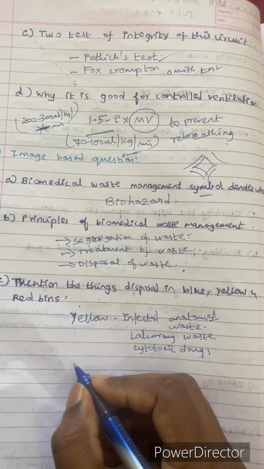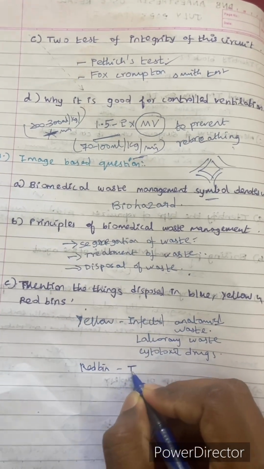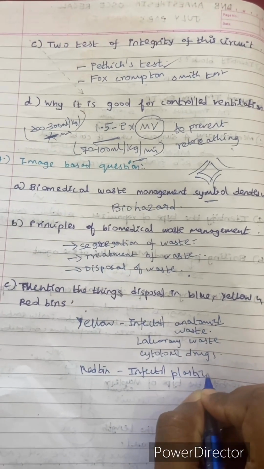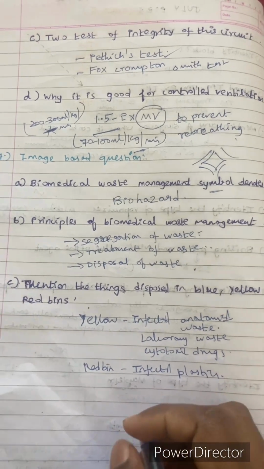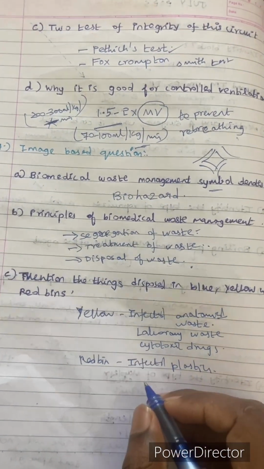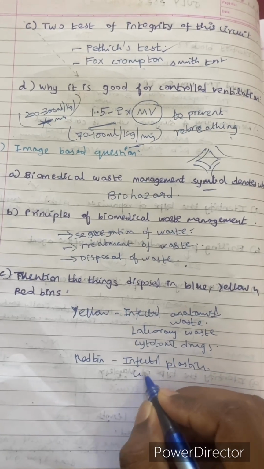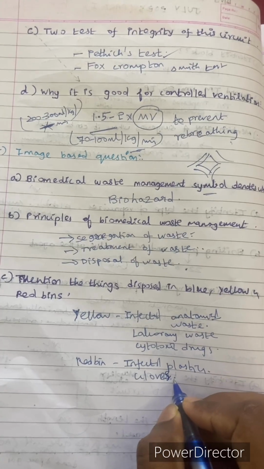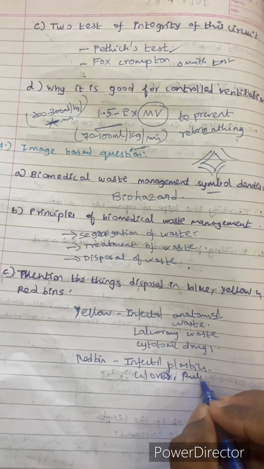Coming to the next bin, the red bin. Red bin is where your infected plastics are most commonly disposed. That is your catheters, IV fluid bottles, IV lines, extensions of the IV lines, and other infected things like rubber catheters, all have to be disposed in the red bins.